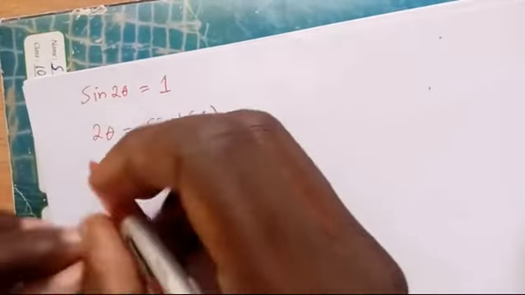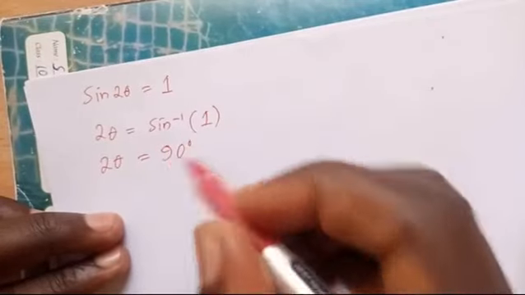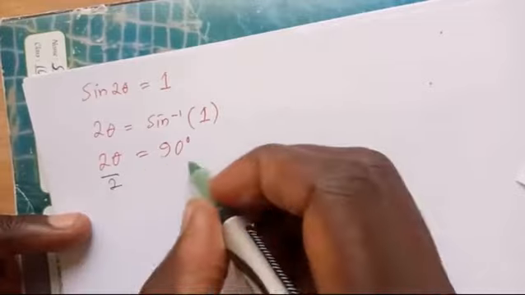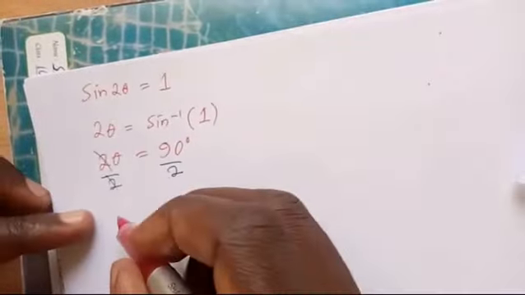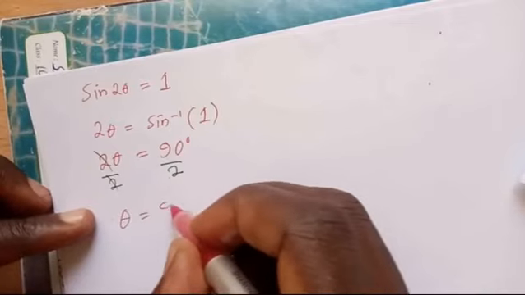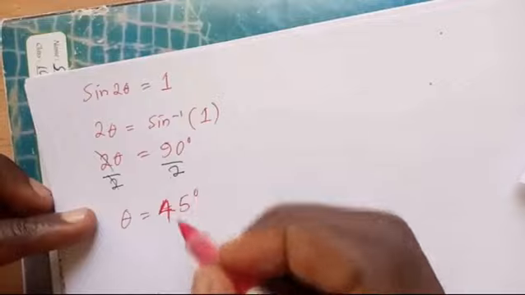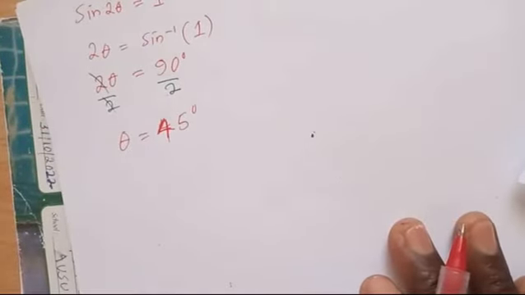So 2 theta is equal to 90 degrees. Next, you divide both sides by 2, the 2 cancels 2, and you now have theta is equal to 90 divided by 2, which is 45 degrees. It means that when your angle of projection is 45 degrees, you can have maximum range.